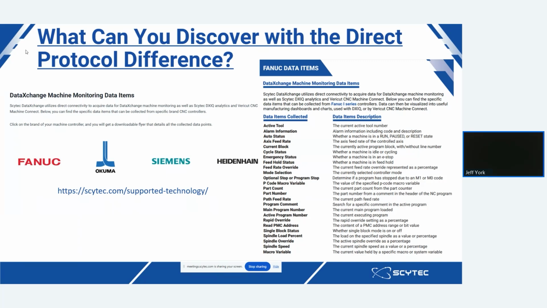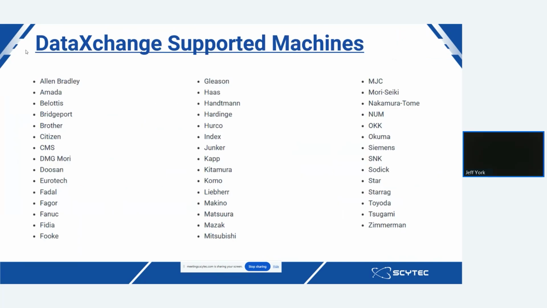So if you're interested in what more we can pull from more rudimentary machine monitoring platforms, please go over to our website and click on the machine brand that you have out on your shop floor and see the litany of information that we are able to pull from it. As well as our website, we have a list of our supported machines, and this is just, once again, a small offering of the amount of different machine brands we are able to pull information off of.